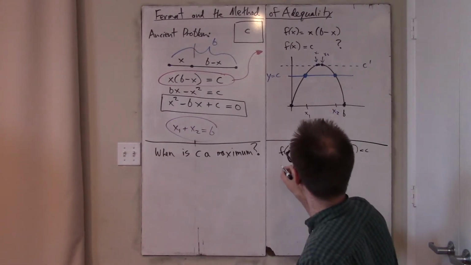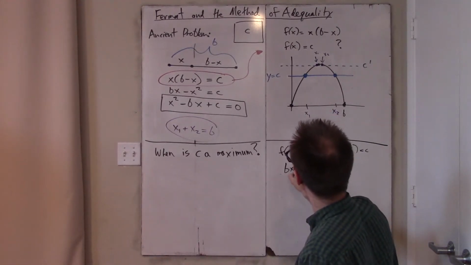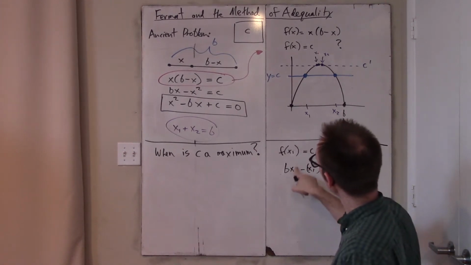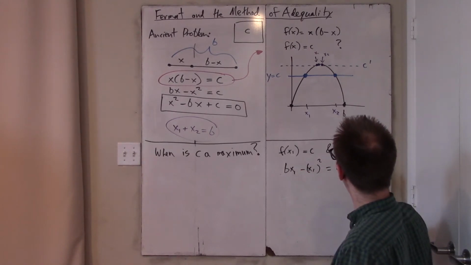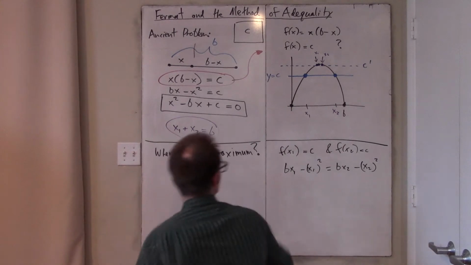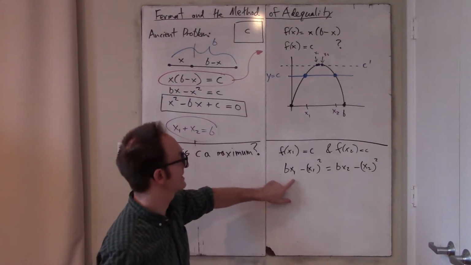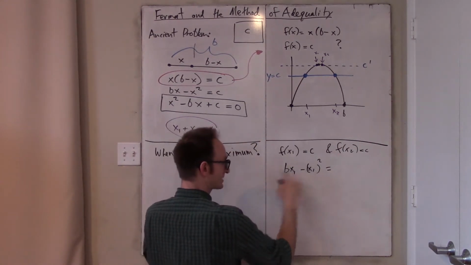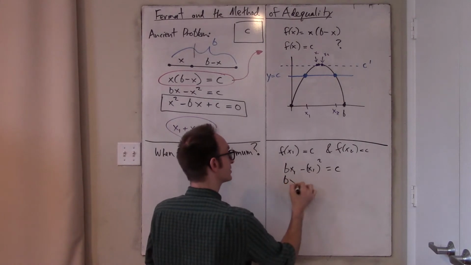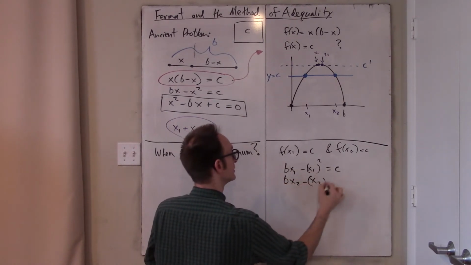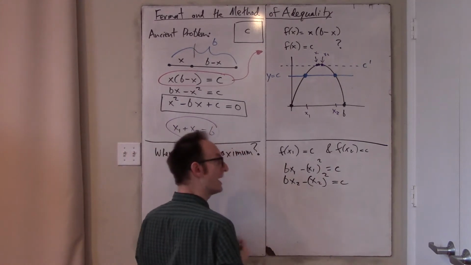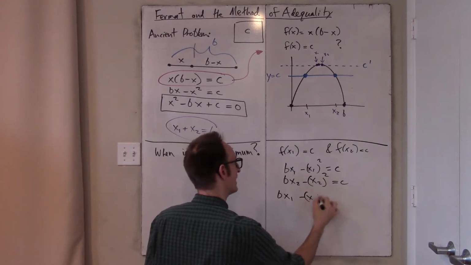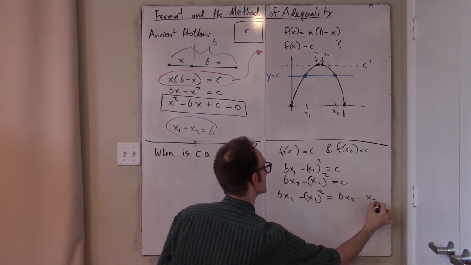It tells me that bx1 minus x1 squared equals bx2 minus x2 squared. Perhaps I'll introduce one more step here: bx1 minus x1 squared is C, that's a fact. And it's also true that bx2 minus x2 squared is C. And so I can set them equal to each other, and when I do that, I get bx1 minus x1 squared equals bx2 minus x2 squared.